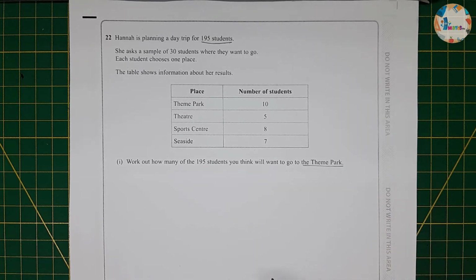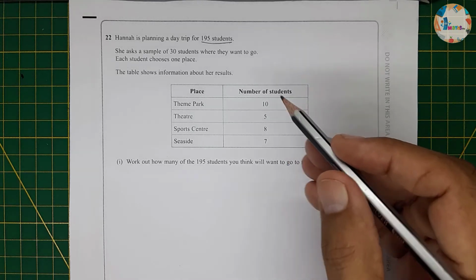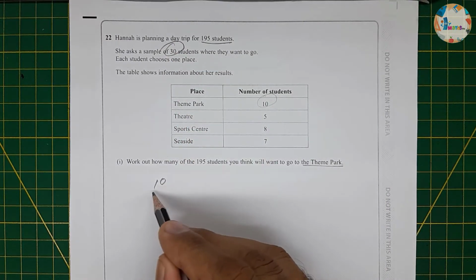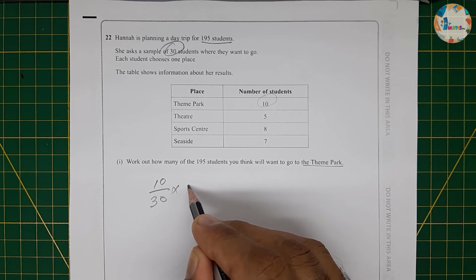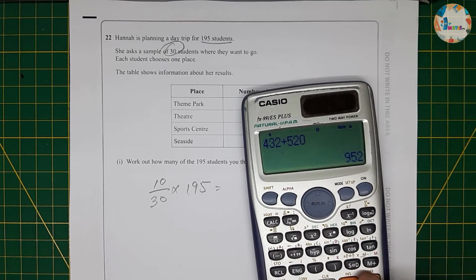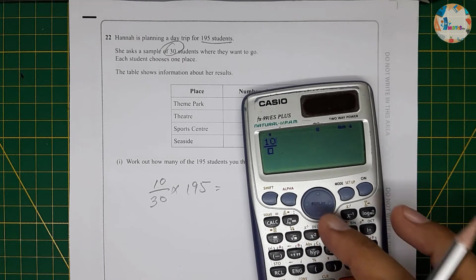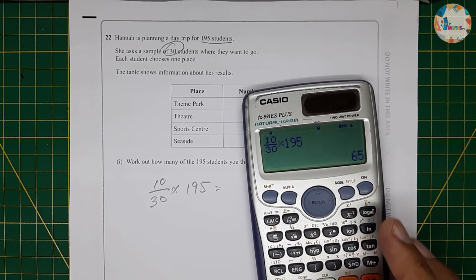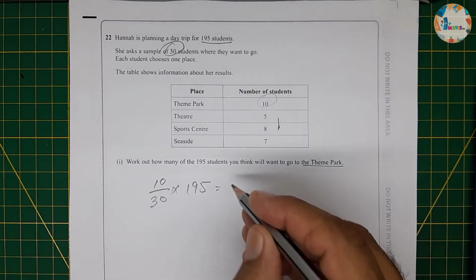So it will be 10 out of 30, multiplied by 195, which is equal to 65 students.